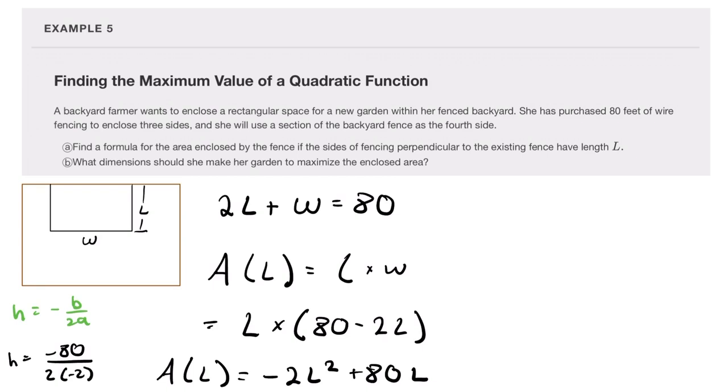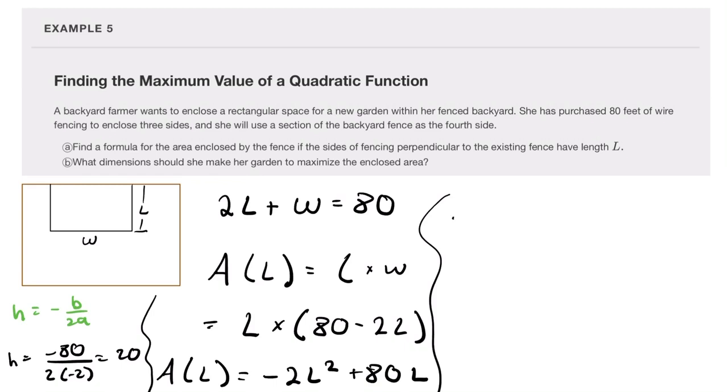So 4, so it should be 20. So when L is 20, the vertex of this function occurs when L is 20. Okay, so then we can find the maximum area and we can find the width.